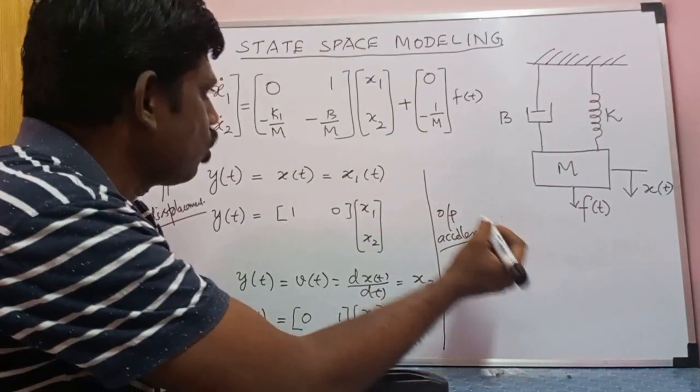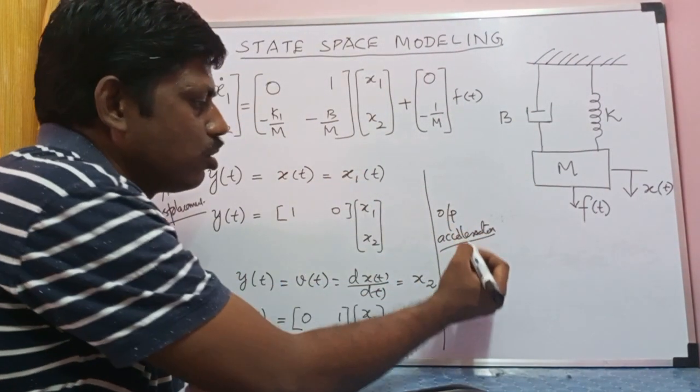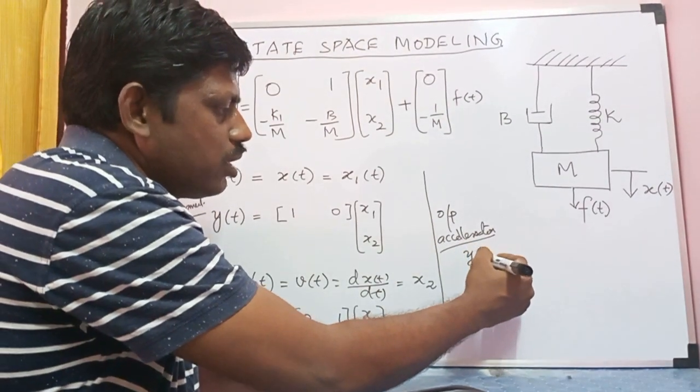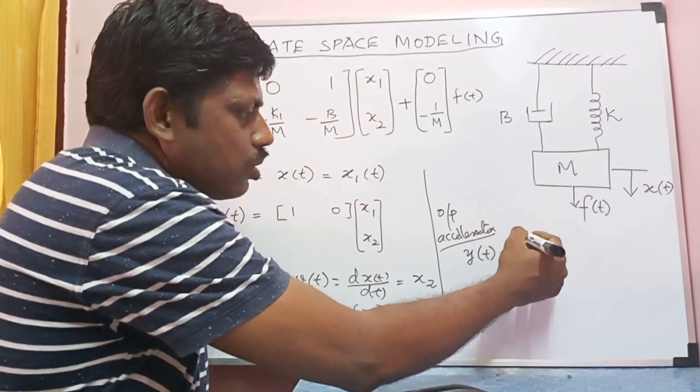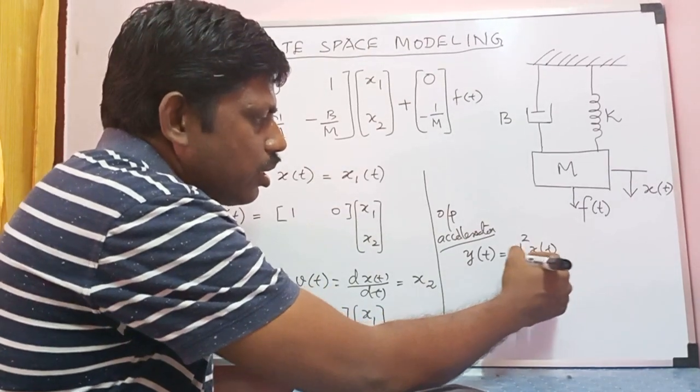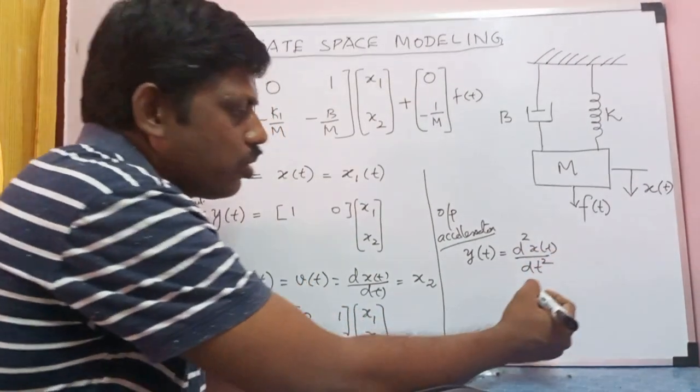If I'm taking the output as acceleration, how do you get the output as an acceleration? y of t is equal to d square x of t by dt square.